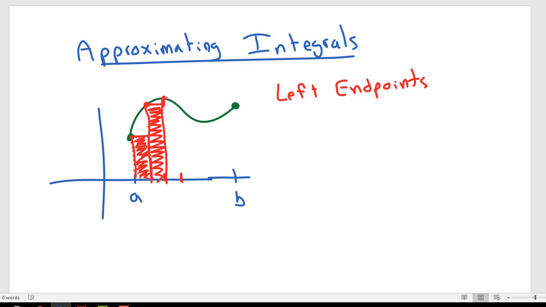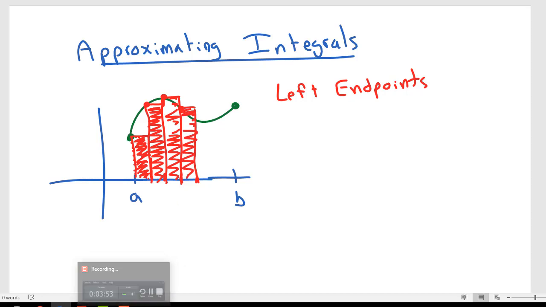I come up to the function, and there's the height of that rectangle. The height of this rectangle is determined by the left endpoint hitting the function, and so we have roughly that area there. We would continue that process between this value and this value. We use the left endpoint to come up and determine the height of the rectangle, and so on and so forth. We would repeat that.